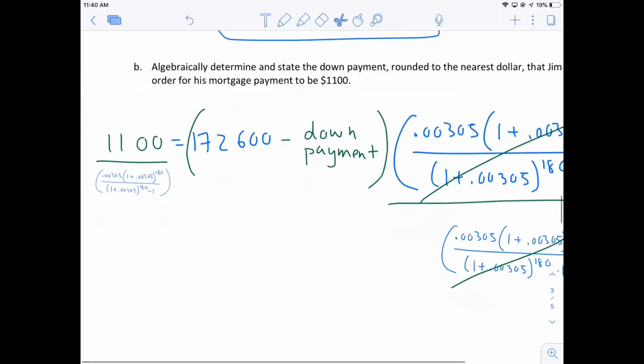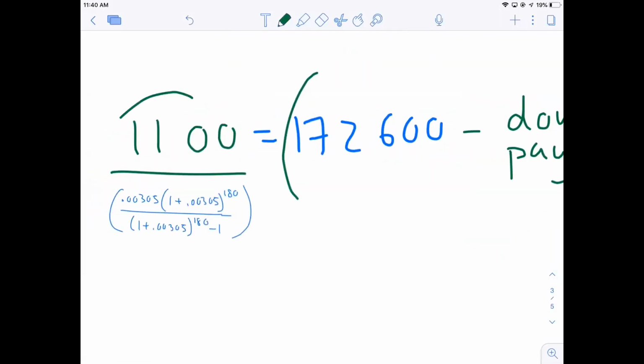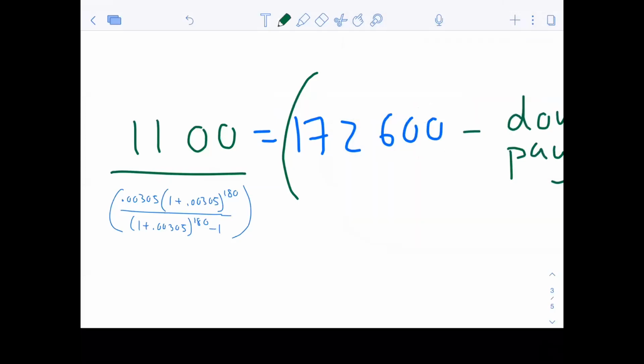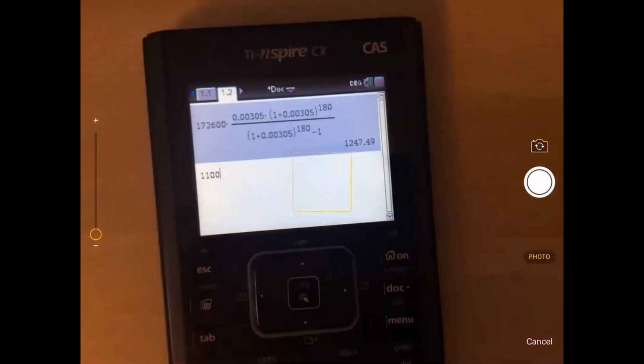So I'm going to type it in exactly like this in my calculator. Let me show you what that looks like. So I'm going to do 1,100 divided by, well, actually, I'll make this a fraction.